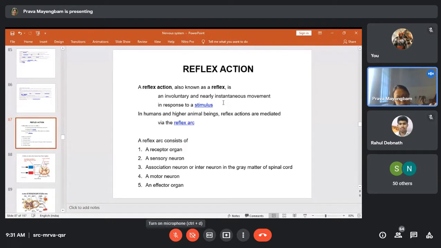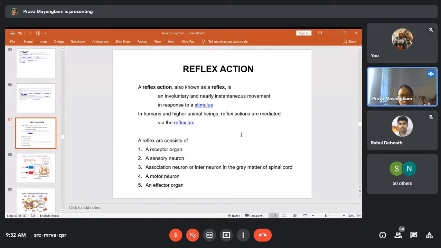If someone asks how you define a reflex, then you have to say that it is an involuntary, nearly instantaneous movement in response to a stimulus. If it is voluntary and it is taking a long time, then it is not called a reflex.